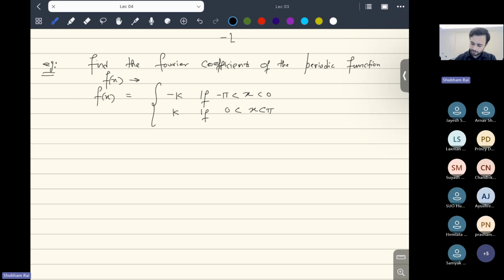It is given that the period of the function is 2 pi, which is f of x plus 2 pi is equal to f of x.